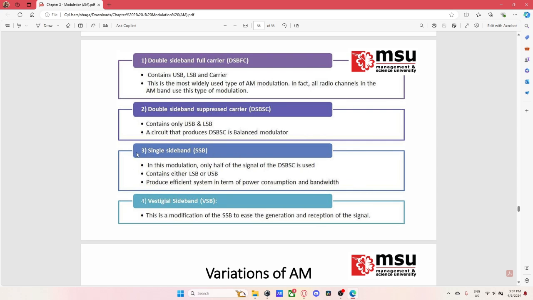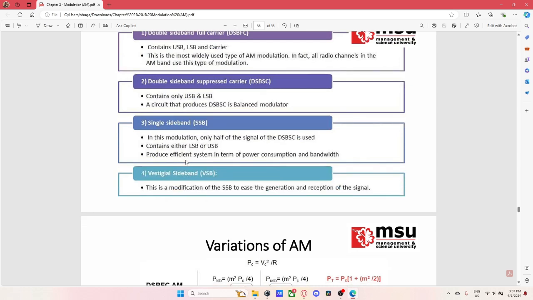So single sideband modulation is a power saving solution for sending information. And vestigial sideband, VSB, is a modification of SSB to ease the generation and reception of the signal.